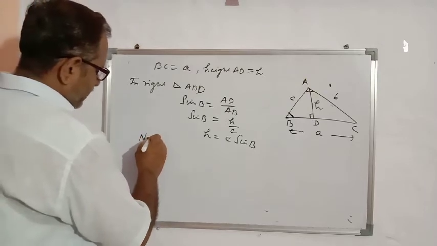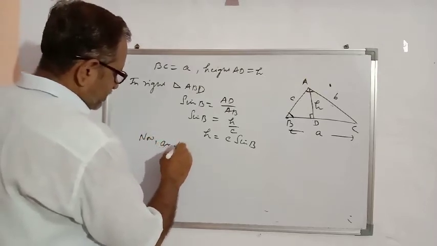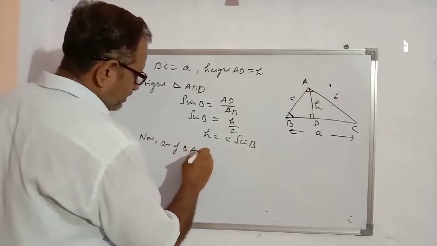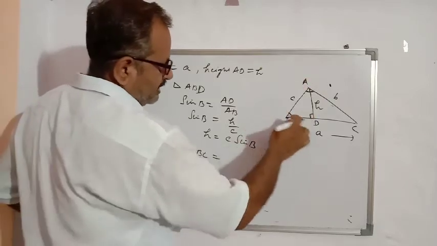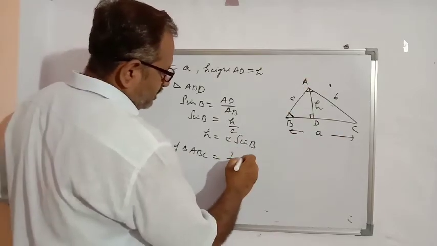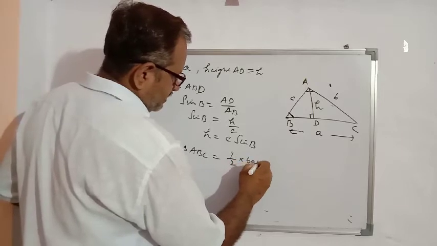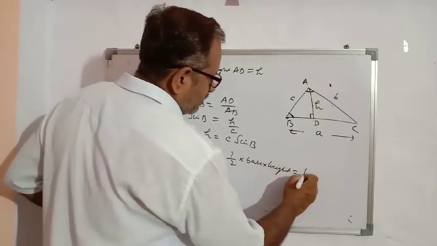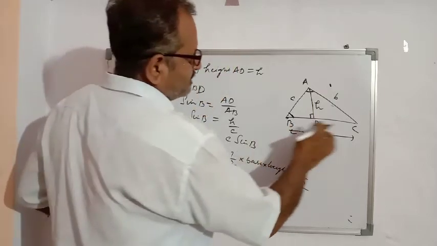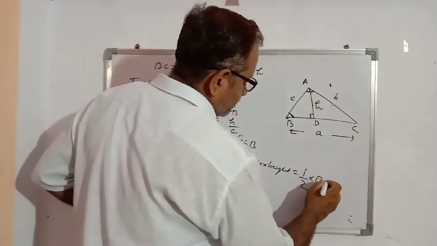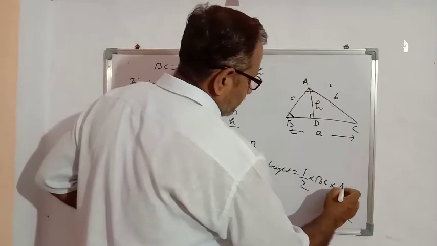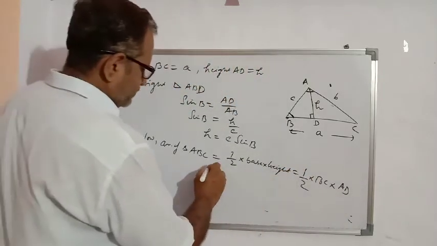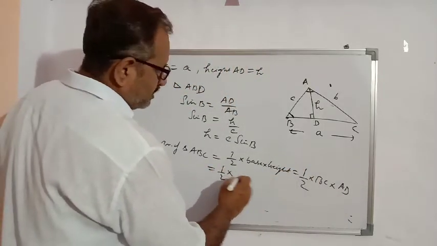Now the area of triangle ABC is what? 1 by 2 base into height. What is base? Base is BC and height is AD. 1 by 2 BC.